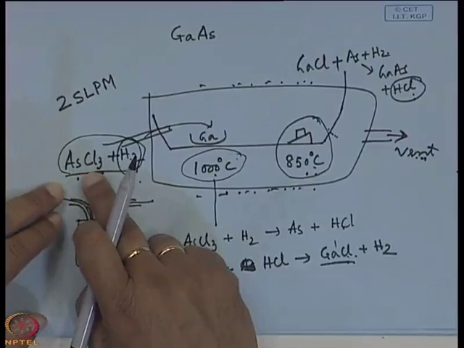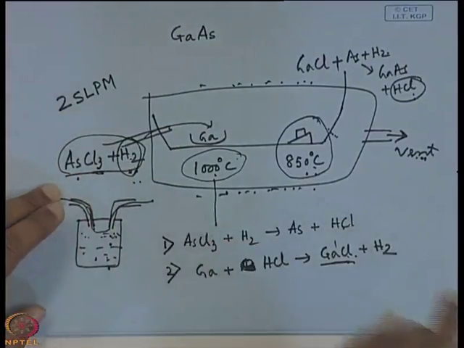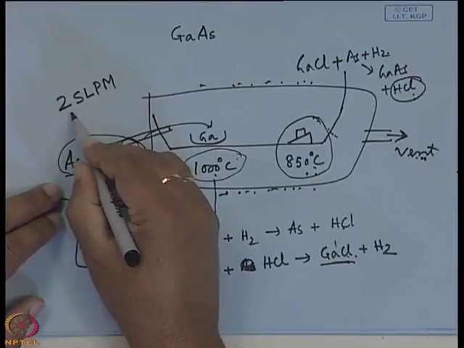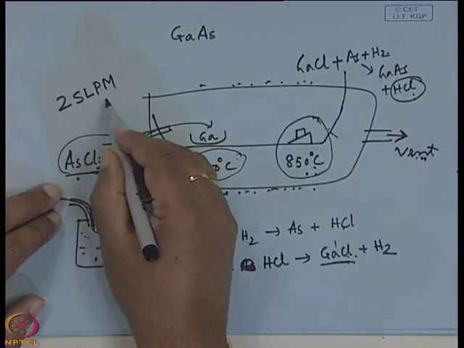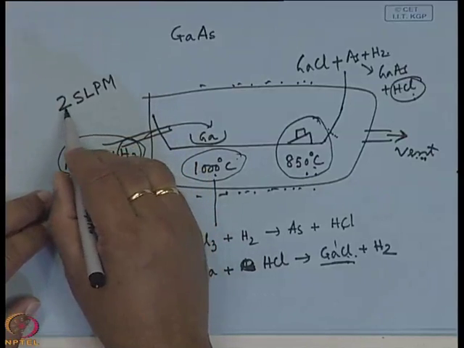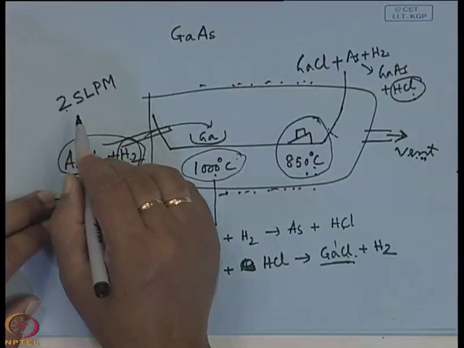Then only it will be possible for the hydrogen to carry this AsCl3 to the reaction place. Otherwise, there will be no flow. You have to make the flow on. So, this is the 2 SLPM. In some cases, I shall show you that it can be 5-6 liter per minute.